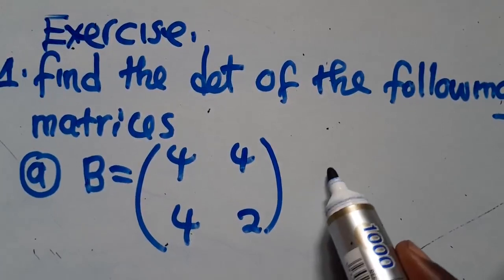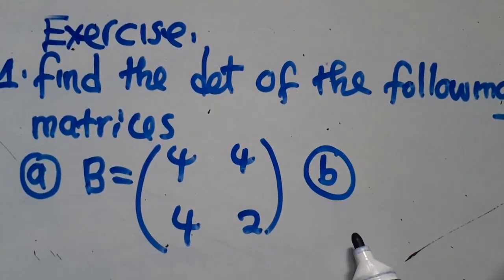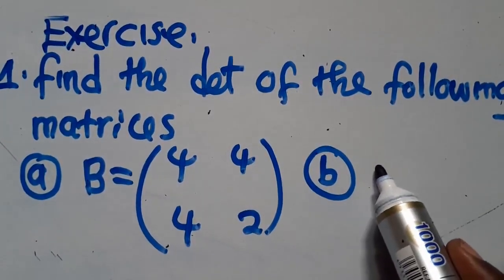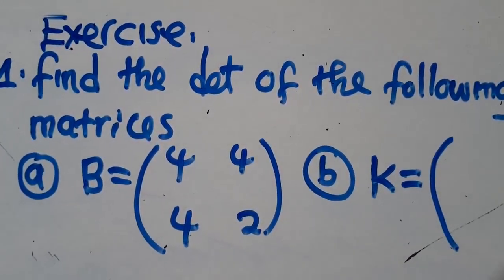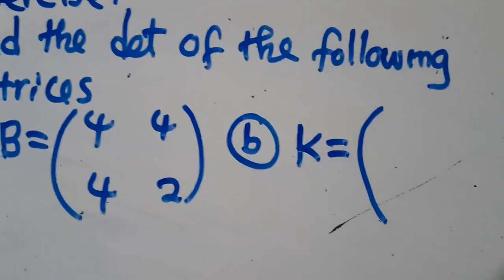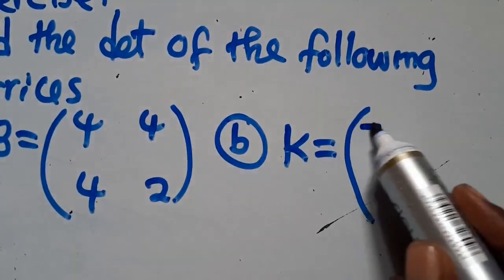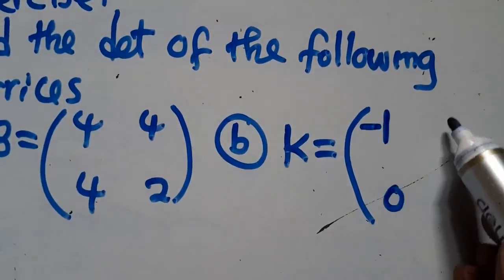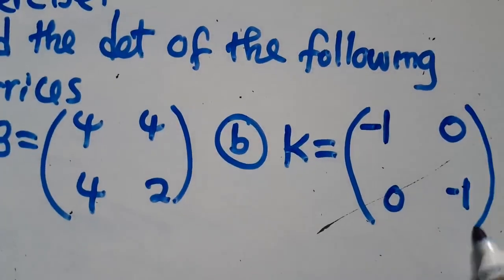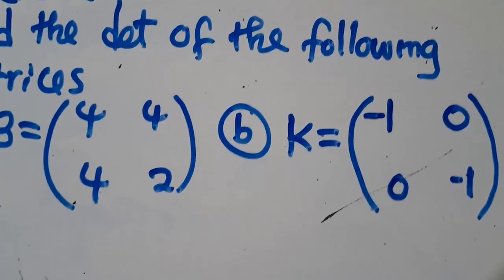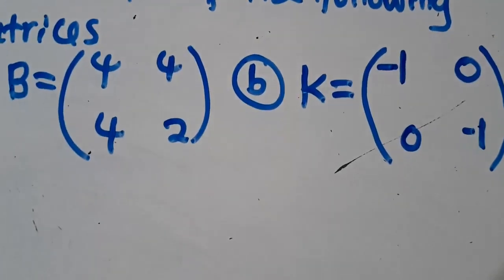Question B is this one, where K is equal to -1, 0, 0, -1. This is what you are given. So find the determinant of all these matrices which I've written here.